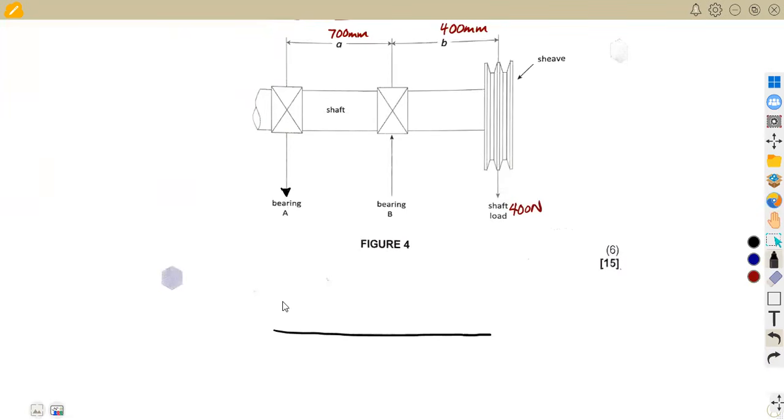So A is going down, all right? So we are going to consider this as a point load. Then B is a support, it's going up. Take note, it's going up. So this is taken as a support, which is given as the bearing load support.